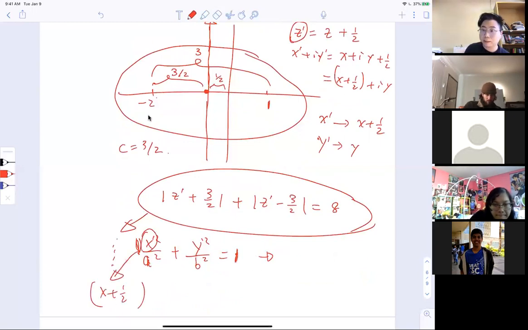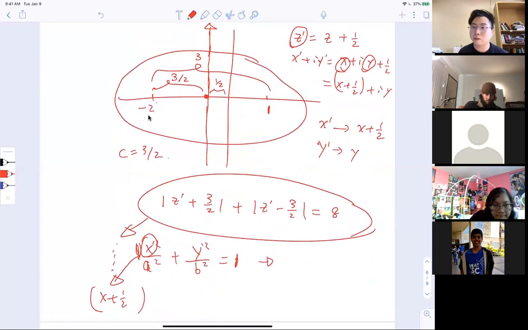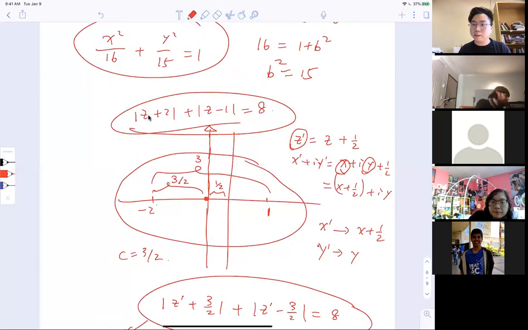We get the ellipse in terms of the original x and y. It's just a coordinate transformation. You first start with a coordinate that is inconvenient, so you choose a coordinate that is convenient to solve this problem. Then eventually you go back to your original coordinate.